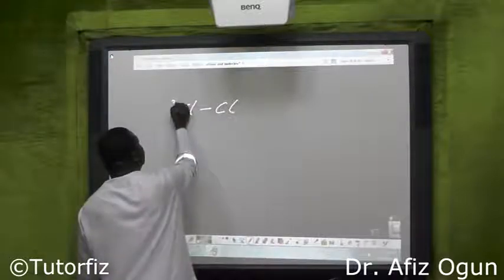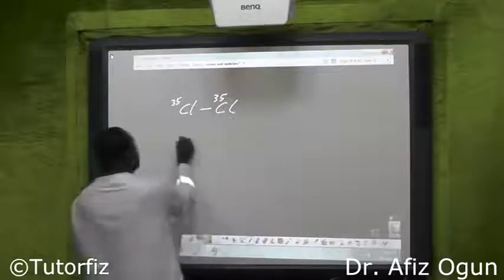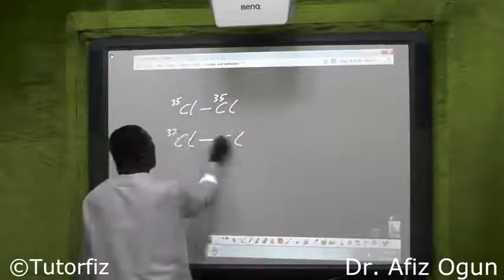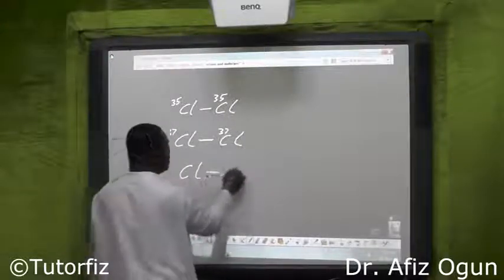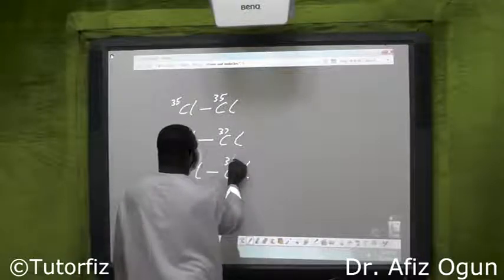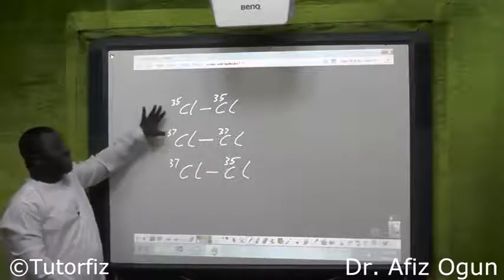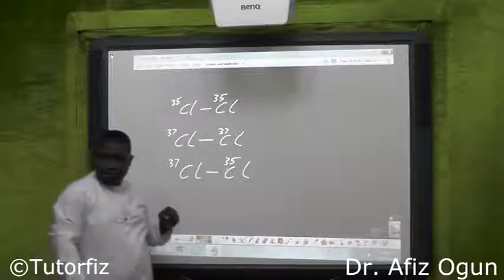This chlorine may be chlorine 35 and this chlorine 35. It may bond so that this is 37 and this 37. And another may bond where it is chlorine 37 and chlorine 35. These are the three possibilities we have for the molecules of chlorine.